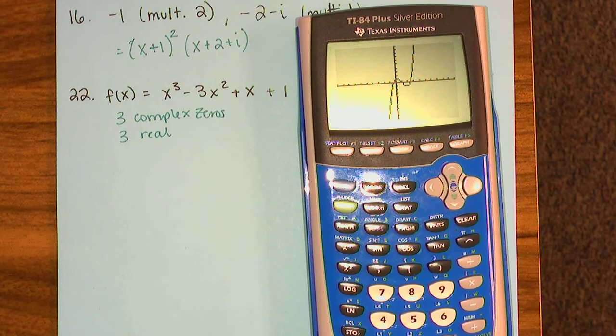Yeah, so whatever the degree of the function is, that's how many complex zeros there are. Some of them will be real, some of them will be non-real. Well, don't say the first one, because if I were to switch that and say 3x squared, yes, the one with the highest power.